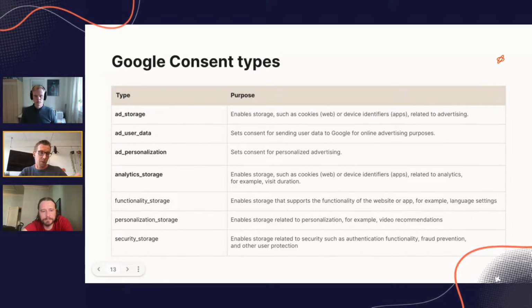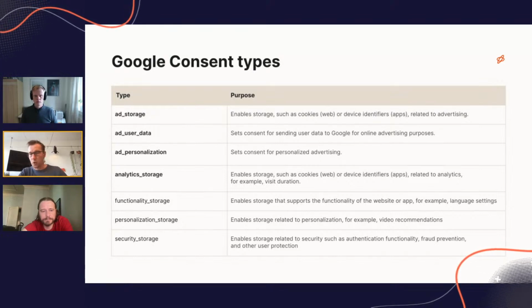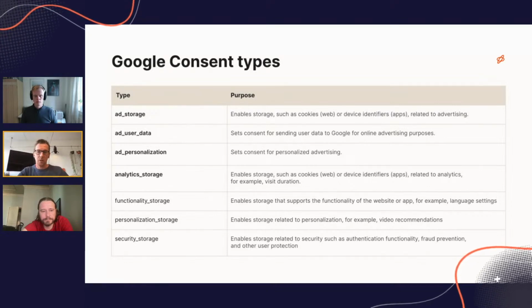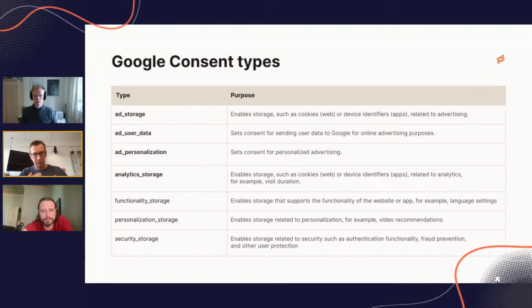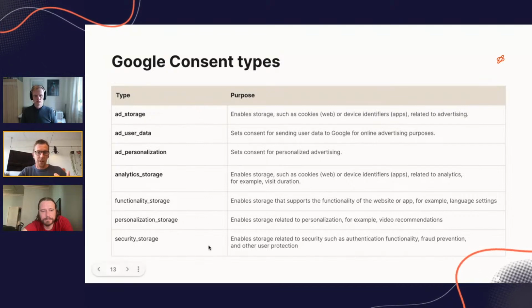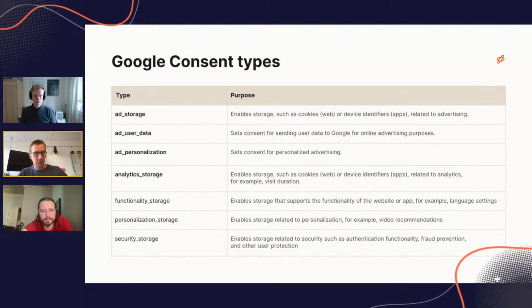So that's probably also why some of you receive some warnings within your tag manager saying, hey, the Google consent types are not properly implemented, because Google wants for every load, for every visitor, to have a clear idea about what to do with these 7 consent types, if they can use them or if they should ignore them.